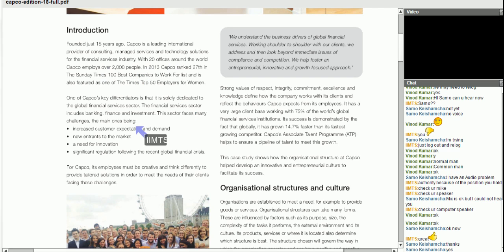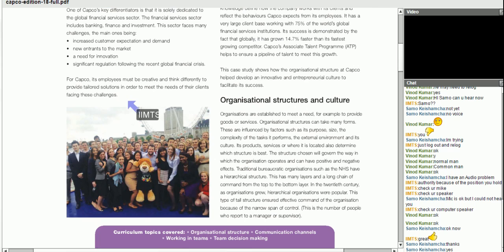So it's the financial service provider. Its financial services include banking, finance and investment. Now, since it's a financial firm, it needs to cater to the financial needs of its clients.